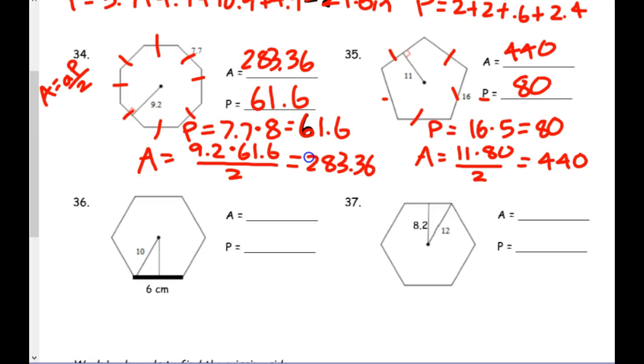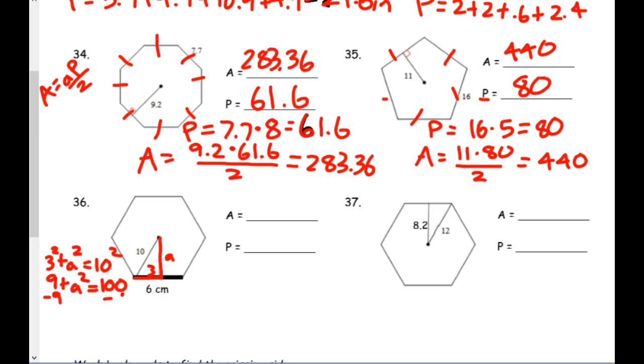Okay, now this one, we're going to have to use Pythagorean Theorem to find the missing apothem. Half of 6 is 3. So we can do 3 squared plus 10 squared equals, nope, that's wrong. We'll call the apothem a squared. 3 squared plus a squared equals 10 squared. So we get 9 plus a squared equals 100.